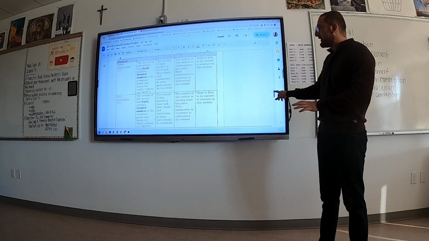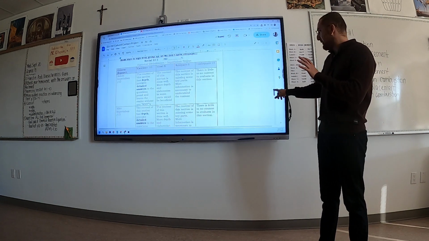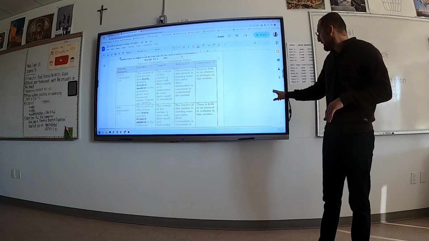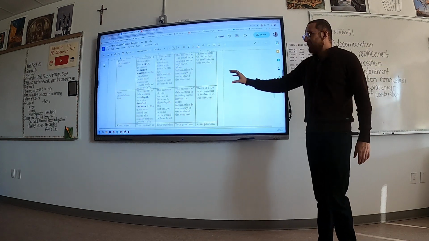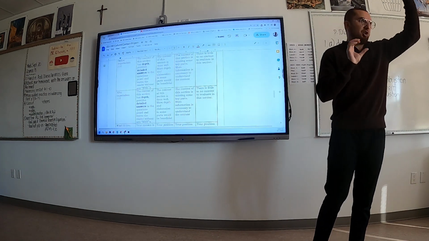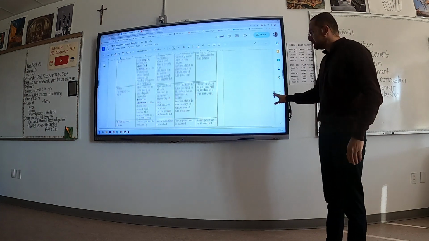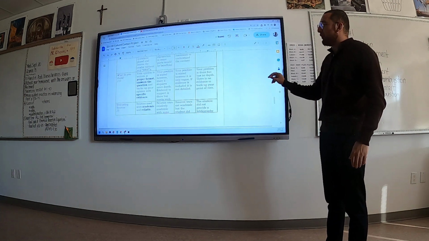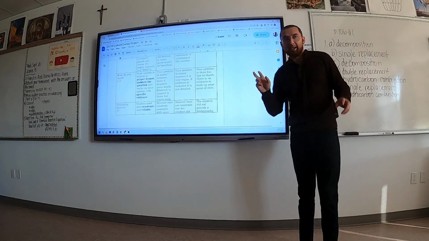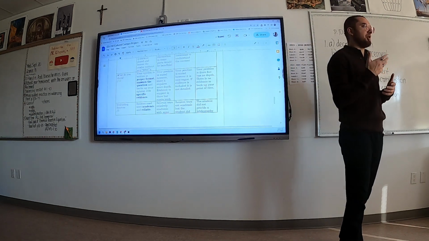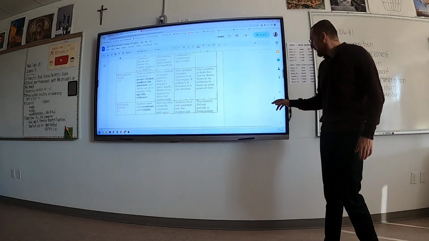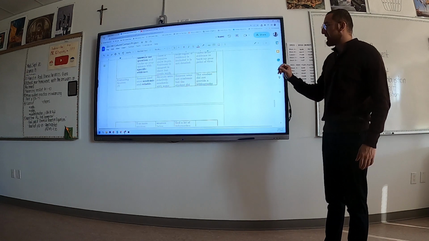Okay, there's also a rubric there. Your project is out of 50. 10 points in each category of looking at before and after contact. You get 10 points for your explanation, your rationale. 5 points for sources.